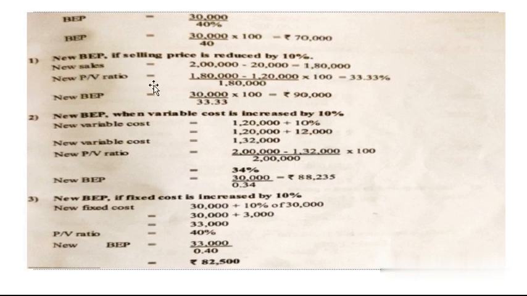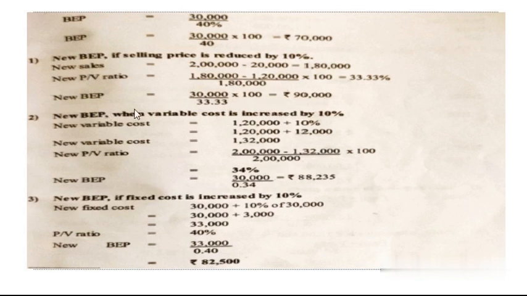Now according to the break-even point, first we need to find the PV ratio, because the break-even point formula is fixed cost divided by PV ratio. So first let us calculate the new PV ratio, where 1,80,000 is the sales, reduced by 10%, minus the variable cost, which is 1,20,000, divided by sales, which is 1,80,000, into 100, will give you 33.33%.